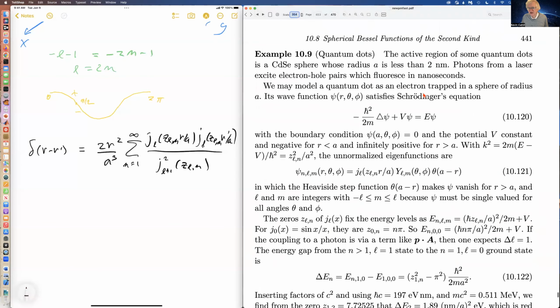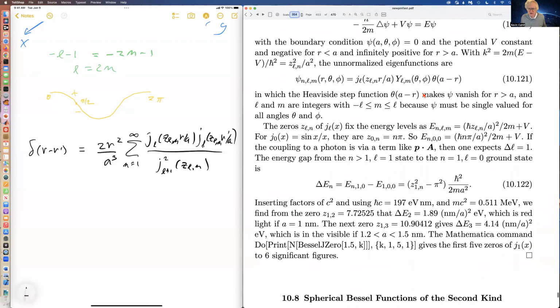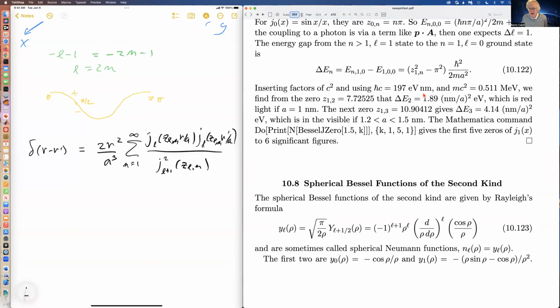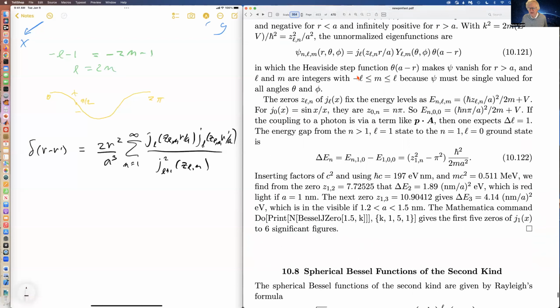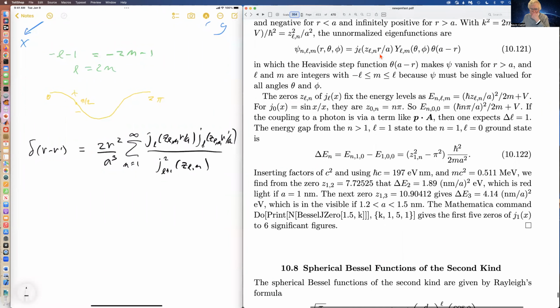Okay, so quantum dots, we went through this to some extent last time, and the model here is a single electron that's trapped in a potential that's spherically symmetric and infinite outside for r greater than a. And that's why these ZL, these zeros, so for r equal to a, it's JL evaluated at the nth zero of the L-th Bessel function, so that's 0.